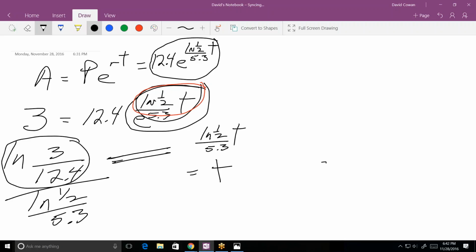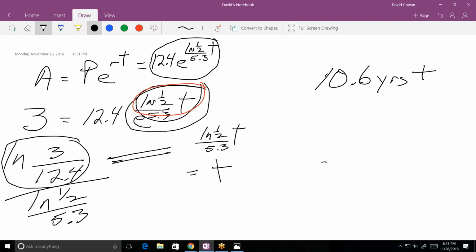After 5.3 years, this 12.4 is going to be down to 6.2. And then after another 5.3 years, that 6.2 is going to be down to 3.1. So our answer better be 10.6 years plus a little bit.